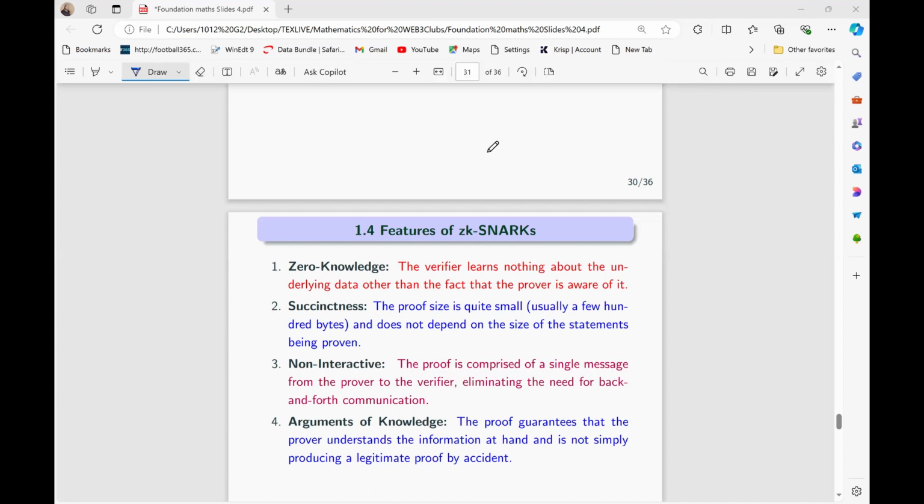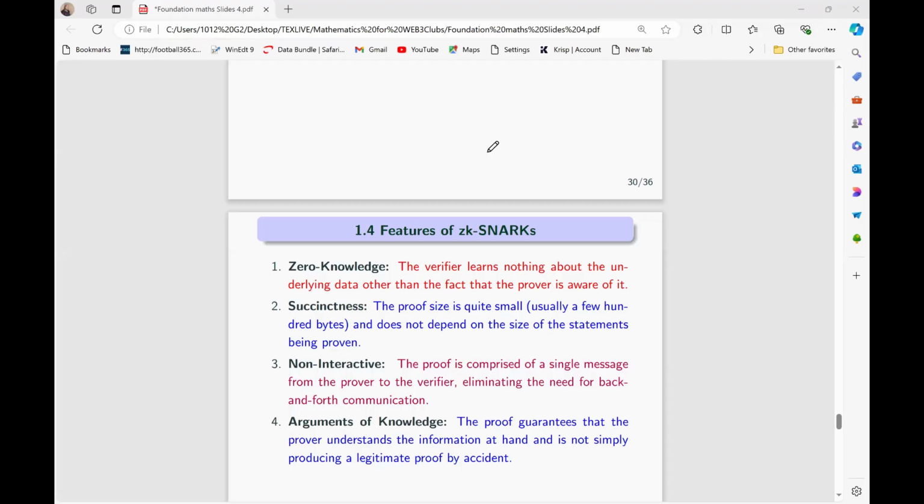So the verifier at the end of it should just know that the prover understands that information, but should not know what that information is. The verifier learns nothing about the underlying data other than the fact that the prover is aware of that information.